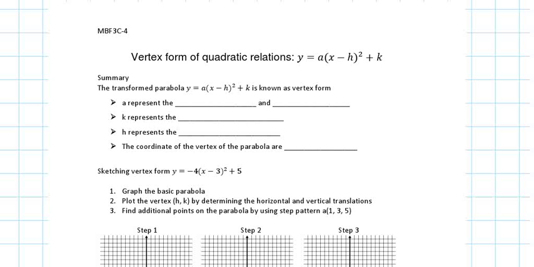So A represents what? Reflection. If it's negative, what else? Vertical stretch or vertical compression. Perfect. K represents vertical translation.